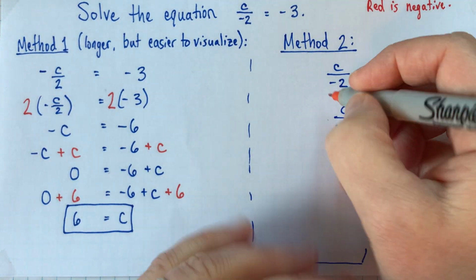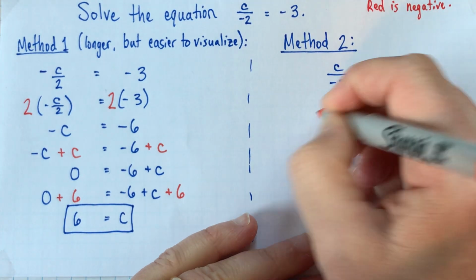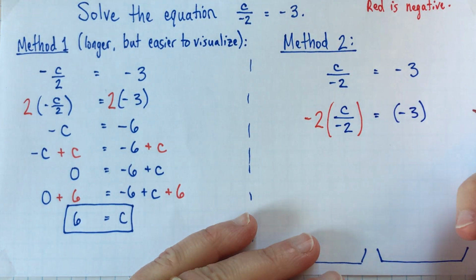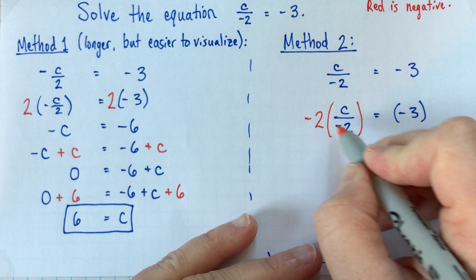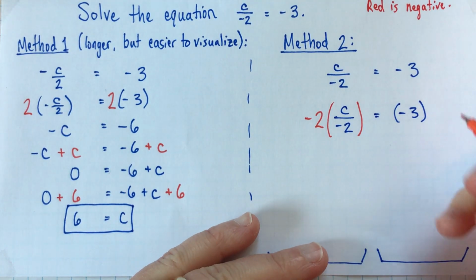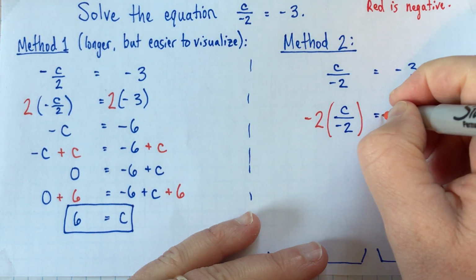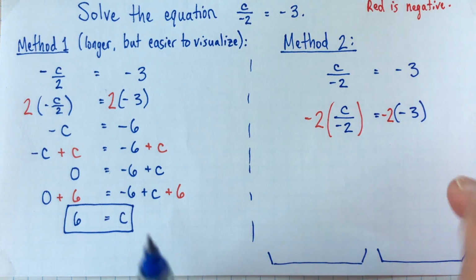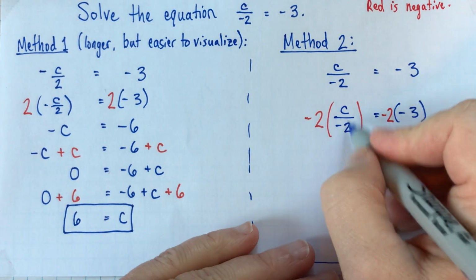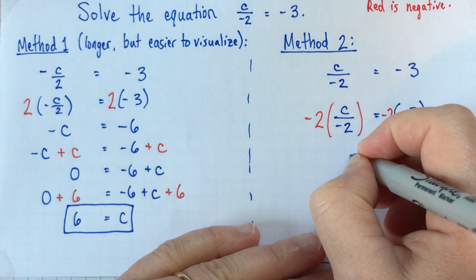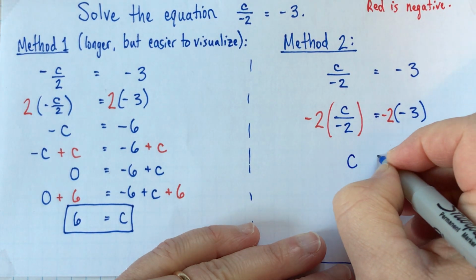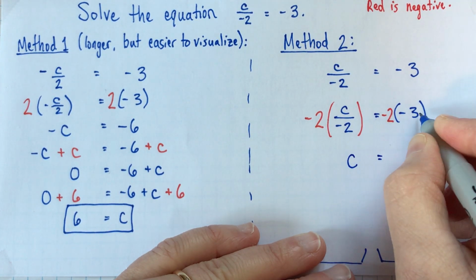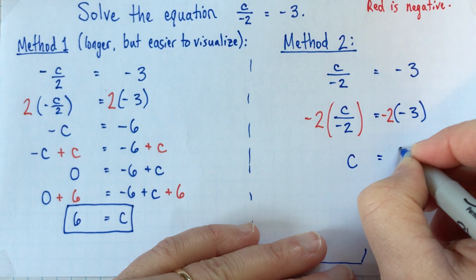Alright, so I'm going to multiply the left side by negative 2. The reason I want to do this is to undo the dividing by negative 2. So then I also have to multiply the right side by negative 2. So what that gives me on the left is just c, which is why we did it. And on the right, negative 2 times negative 3 is positive 6.